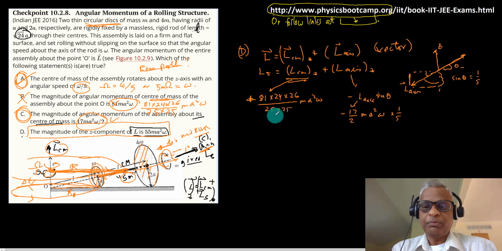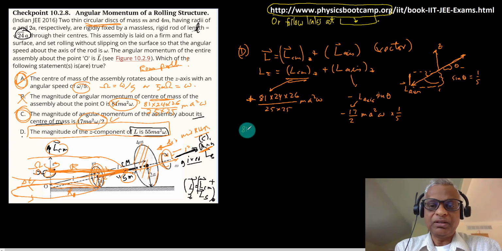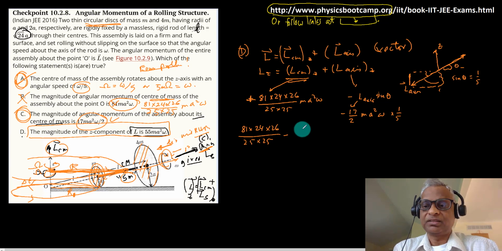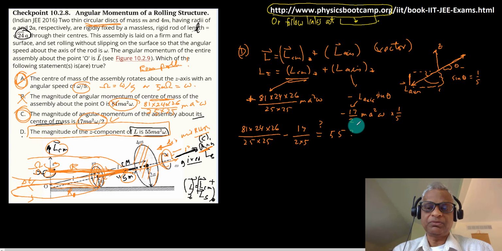So I have to see if 81 times 24 times 26 over 25 times 25 minus 17/2 times 5 is equal to 55? That's what you have to check.